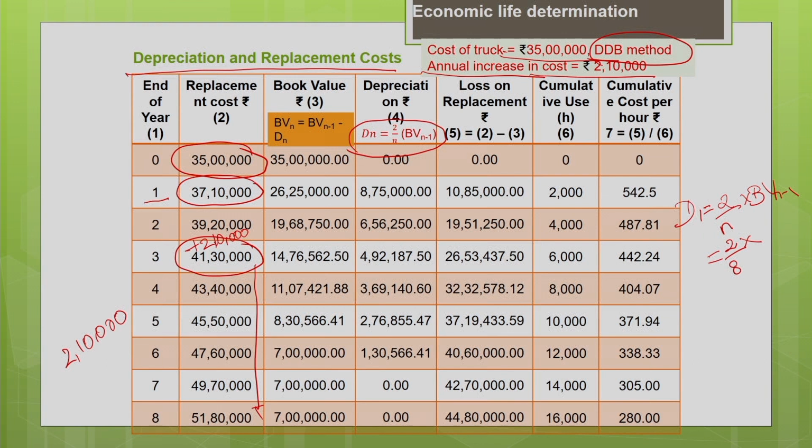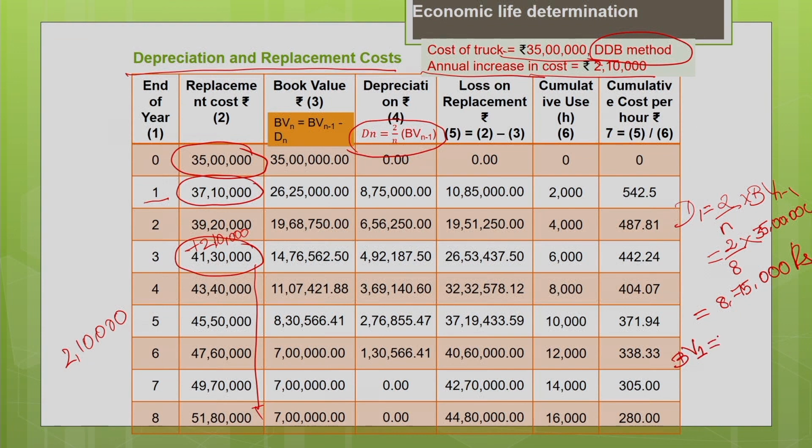For the first year it should be the initial purchase price, 2 by 8 into 35 lakh. 2 by 8 into 35 lakhs is nothing but your depreciation is 8,75,000 rupees. So, this is the depreciation for the first year. Now, you calculate the book value at the end of the first year.